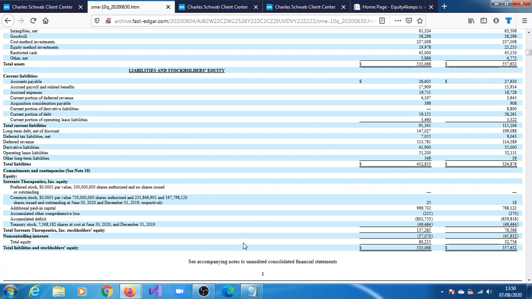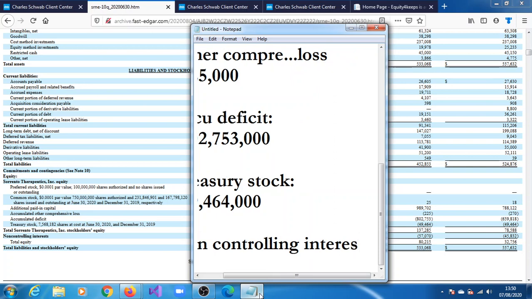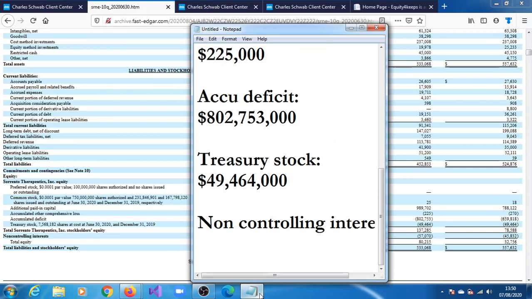The other figure here is non-controlling interest, 2,070,000.